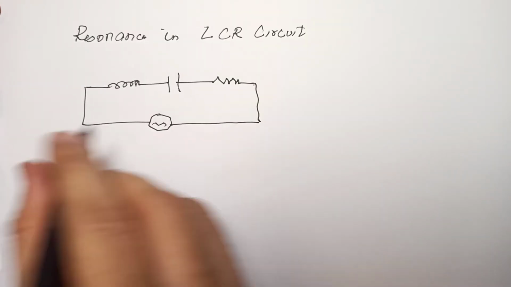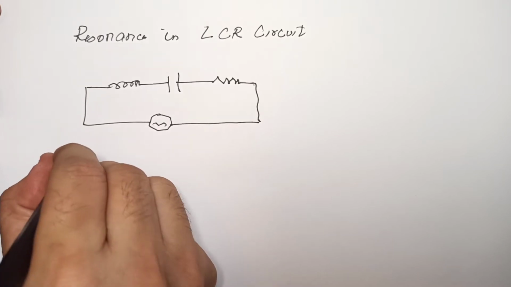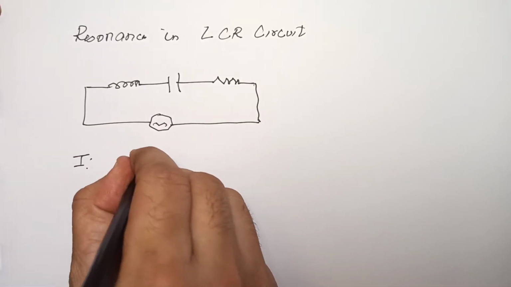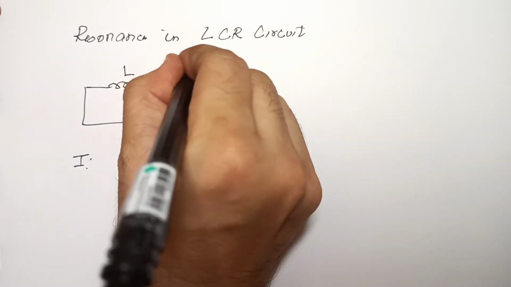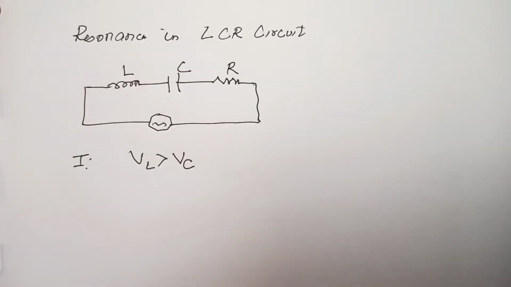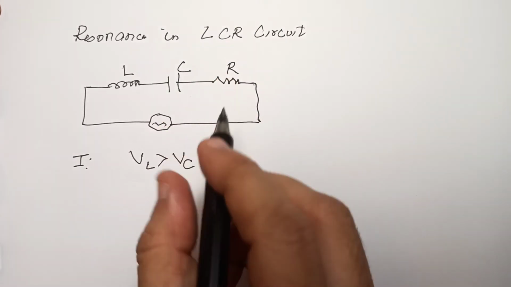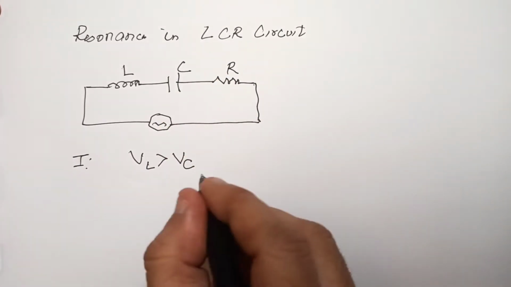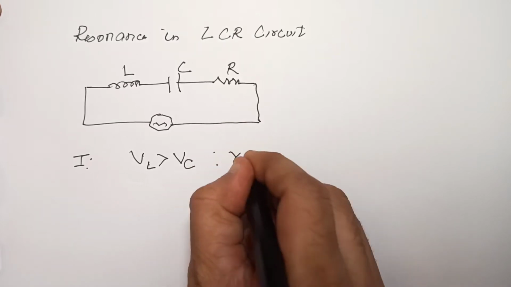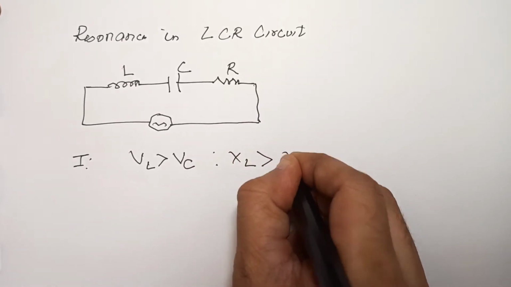Now in this we have already studied the case where VL is greater than VC, and this is L, C, and this is a normal resistor. We have studied the first case, VL greater than VC and XL greater than XC.